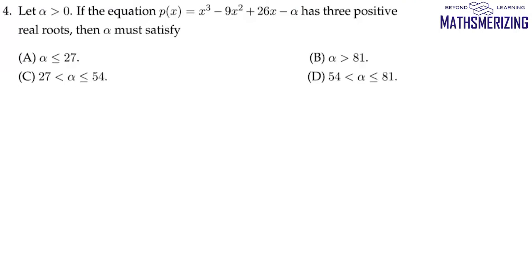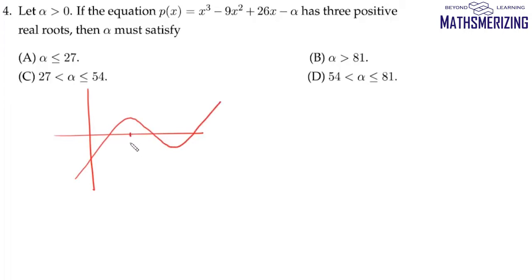Now question number 4 is, let alpha greater than 0. If the equation x cube minus 9x square plus 26x minus alpha has 3 positive real roots, then alpha must satisfy which of the following conditions. Now since it is a cubic equation and P(0) is minus alpha, that means if this equation has 3 positive real roots, then its graph must look like this.